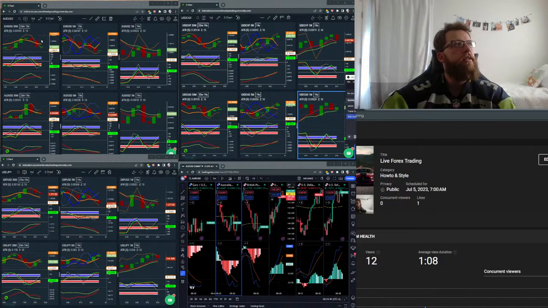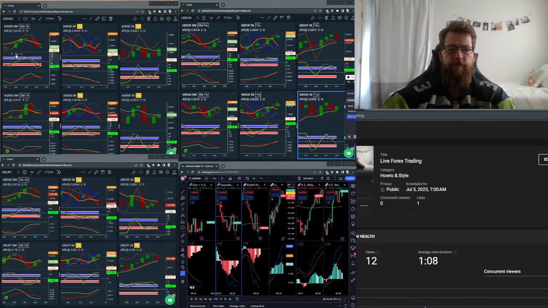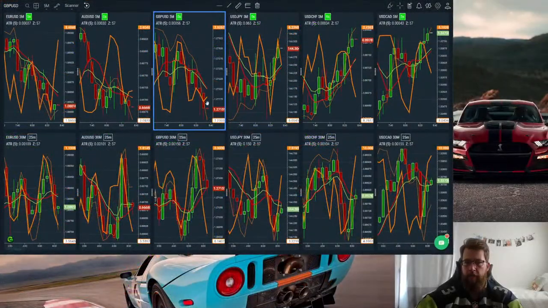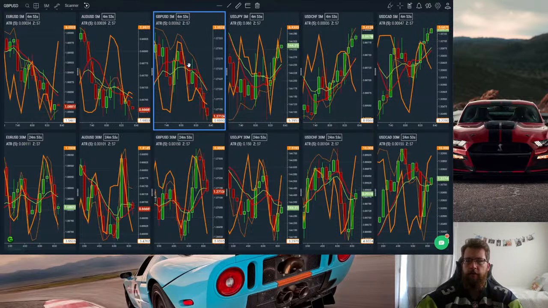Let's actually go back. I think the pound is going to be a better example of how it's setting up. So down, we even have the red on top still.